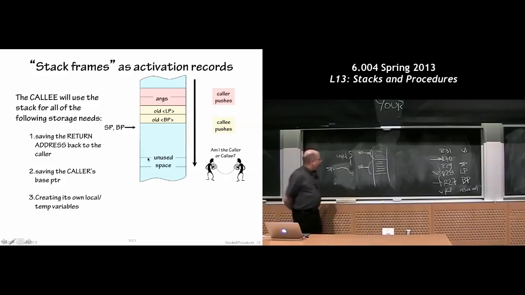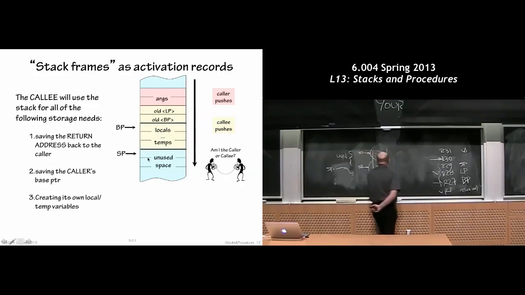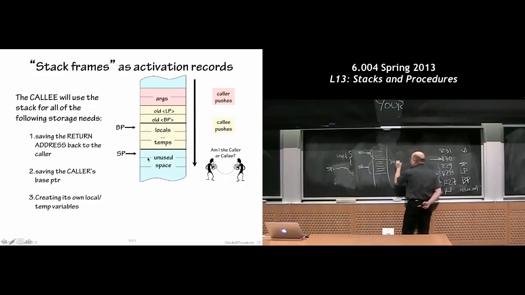Okay, and then finally, I've carefully got the arguments here, and then the saved values of LP and BP. And then the other things I'm going to put in here are any temporary and local values that I need. Any registers that I need to save will go on the stack.